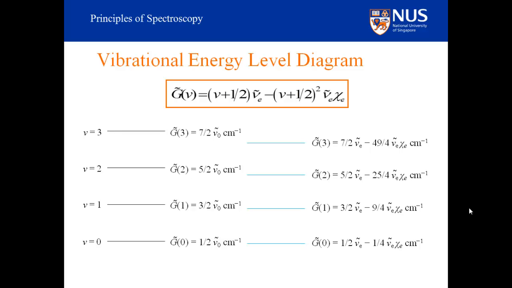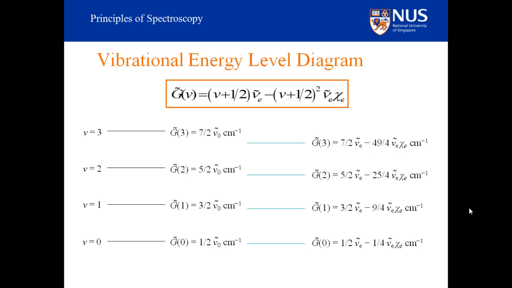In terms of the spectroscopy, now that I know the energies of each of the levels, I can calculate the frequency of any transition. So the fundamental frequency would be a transition from V equals 0 to V equals 1. How does the result differ from the harmonic solution?